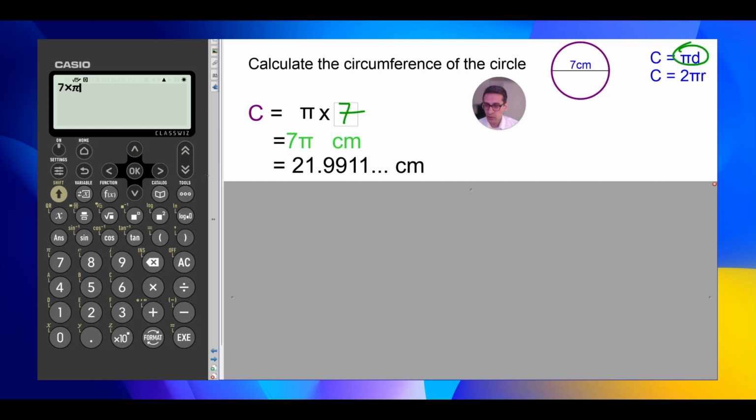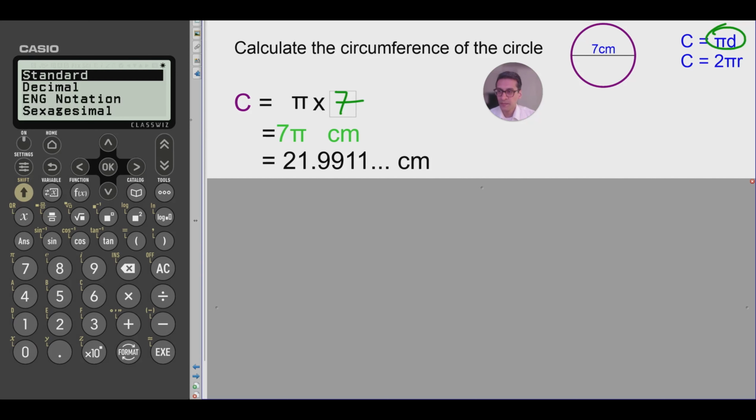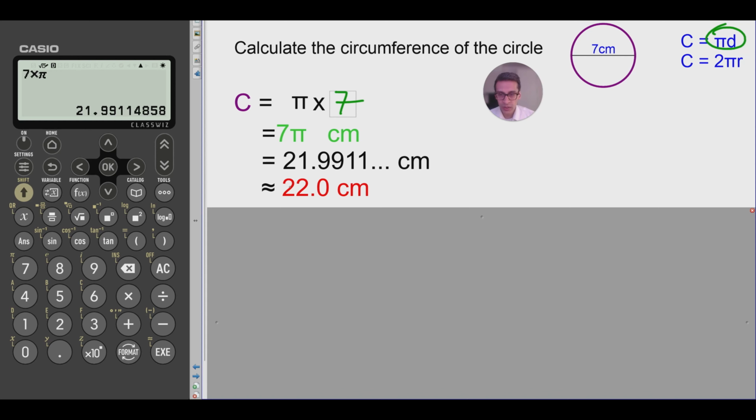Now, if you press equals, it doesn't really help you because it's just written it as 7 pi, which is exactly what you put in the calculator, but we want to turn this into a decimal, so we're going to go to format, down, okay, so decimal. So as a decimal, it's 21.9911 rounded. And you can see that's on the calculator, and then I've written that here. And roughly, if you were to round it, you can see that it roughly equals 22 centimeters.